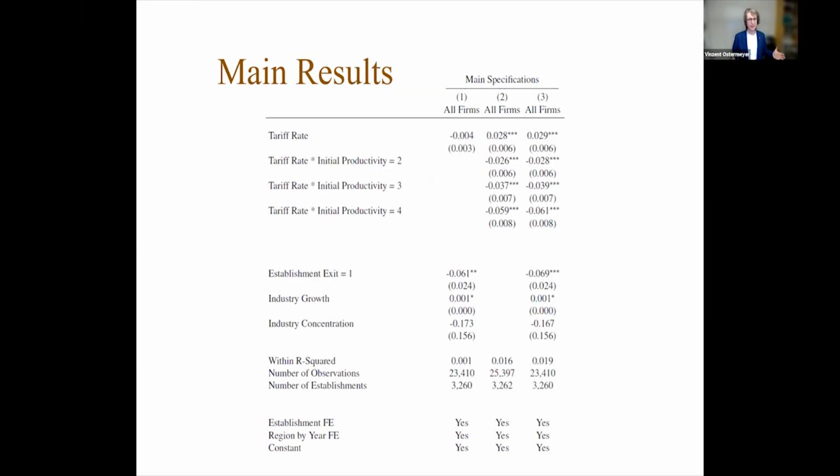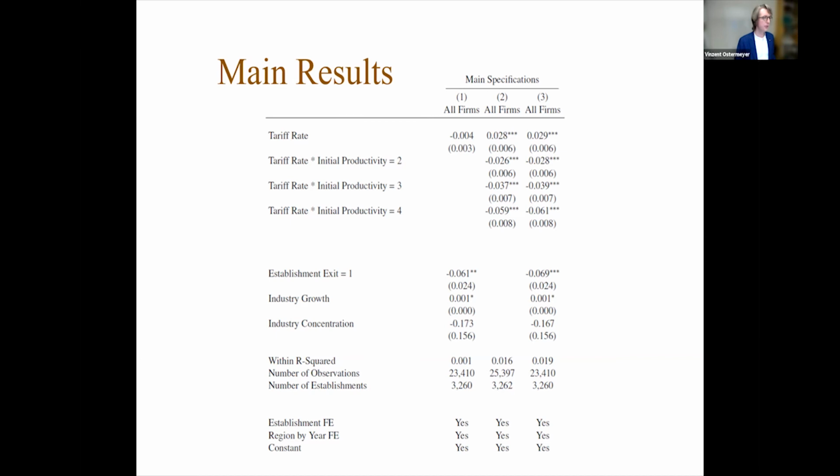And this table then is really the key result of the paper. In the first column, I just regress firm level productivity on tariffs, and I find no effect. So one might think that tariffs had no effect on firm level outcomes. The coefficient in column 1 is very small and statistically insignificant.